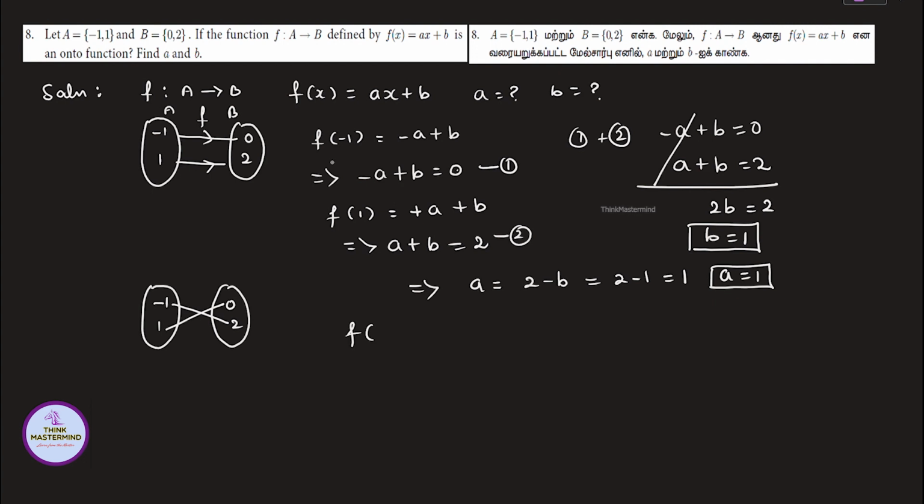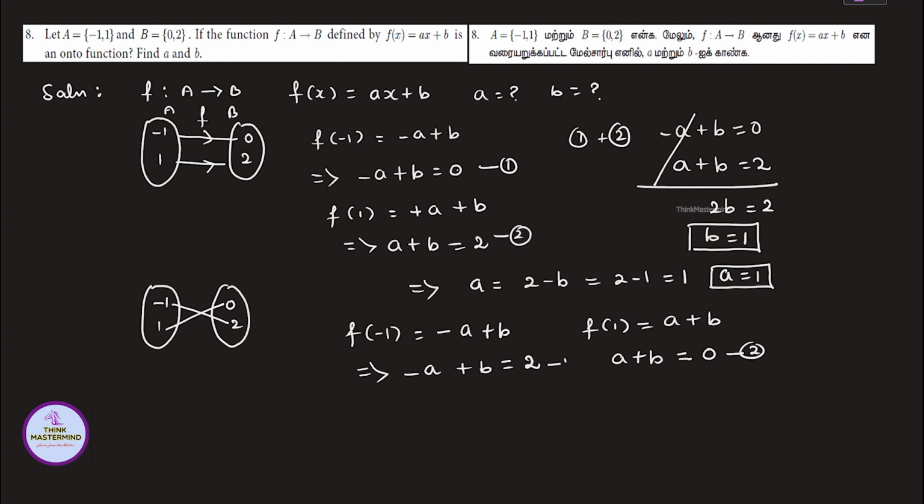Then f of minus 1 is equal to minus a plus b, that implies minus a plus b is equal to 2. Similarly, f of 1 is equal to a plus b, that is a plus b is equal to 0, since f of 1 is mapped with 0.